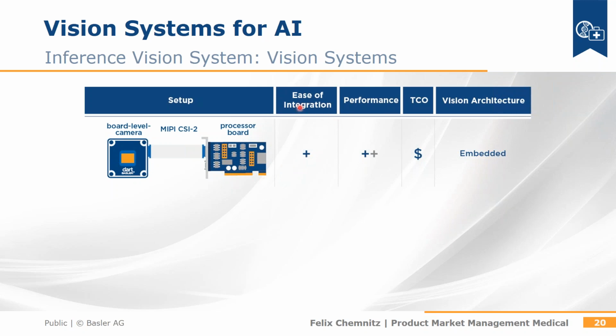So we would say the ease of integration is not that good, so only 1+. The performance is also not that high. It depends a little bit on how you write your code and if you make use of the GPU in this system. And these can, of course, be boosted by using special chipsets for AI.